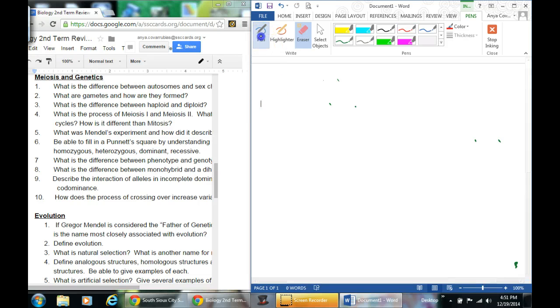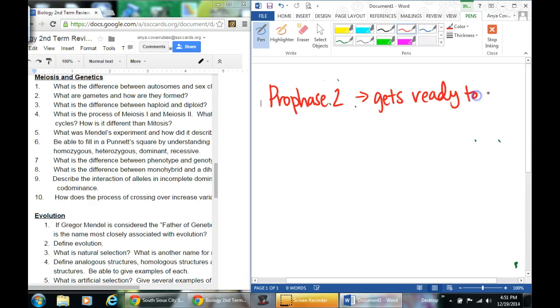Prophase 1 is nearly as important as prophase 2 because there's no crossing over that takes place. So it just gets ready to divide. And then metaphase 2, now our chromosomes are actually going to split in half. So we have our two chromosomes here.